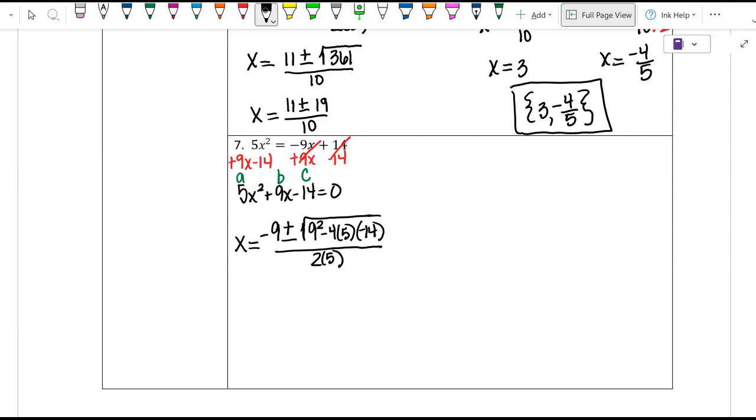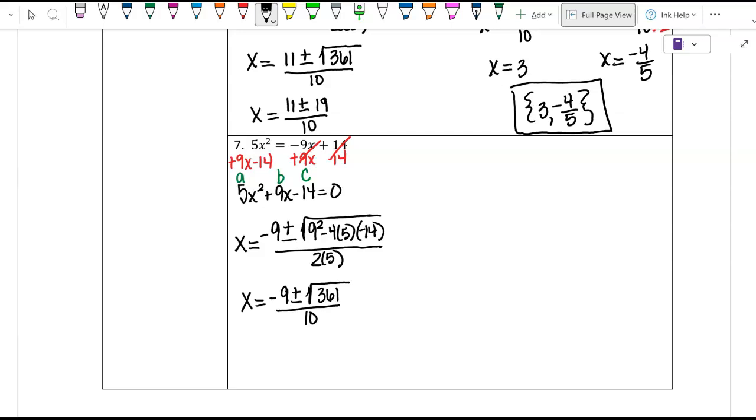All right, then I'm going to put all of that under the radical in my calculator. If I put in 9 squared minus 4 times 5 times negative 14, I get 361. And then that's all going to be divided by 10.